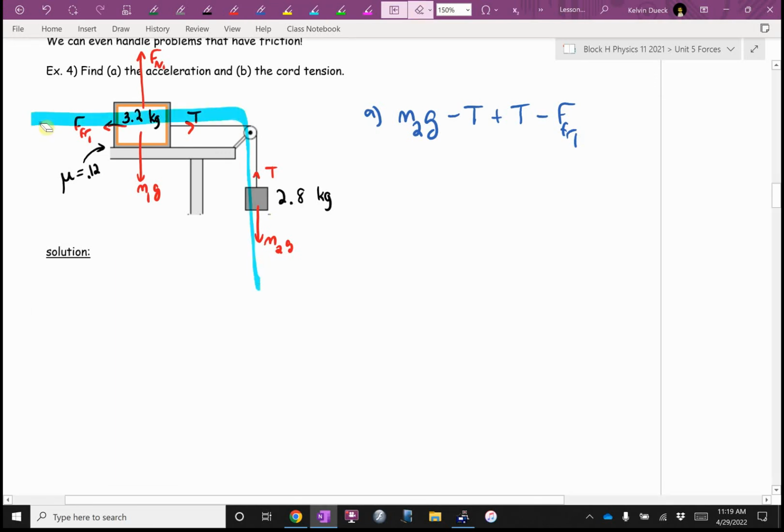I think I've reached the end of the rope. So what's that going to equal, Sarah? M. Oh. A. Oh. Nothing like losing a little tension.